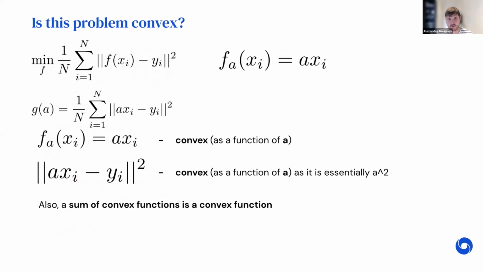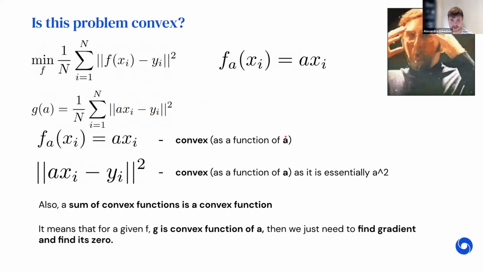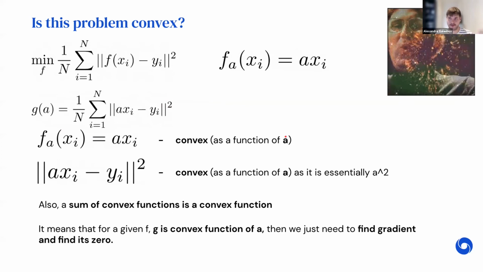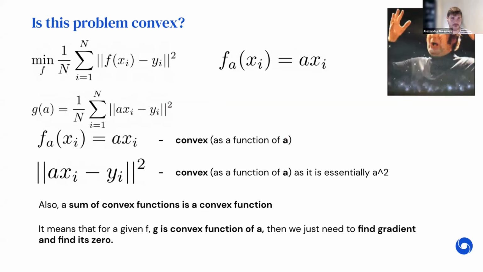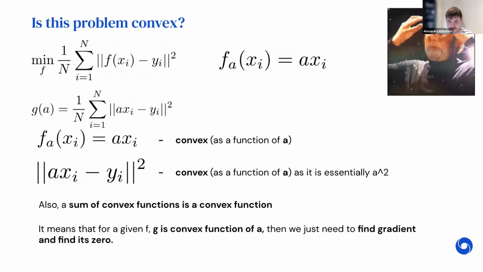And also the sum of convex functions is also a convex function. Here we have a sum of convex functions. So g of a is a convex function of a. So it means that we can just find the gradient of g, put it to 0, and we are done.